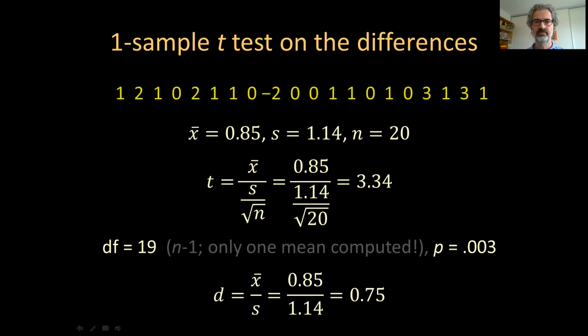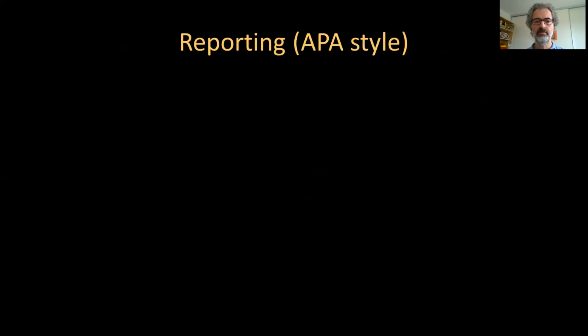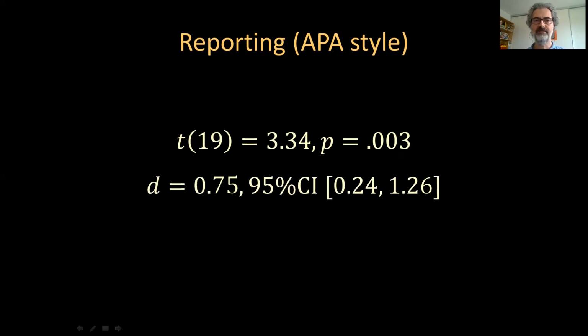And the correct way to report this result is the same as for the one sample t-test. So the t-value, number of degrees of freedom, and the p-value without a leading 0 and 3 decimal places, and optionally the effect size and its 95% confidence interval.